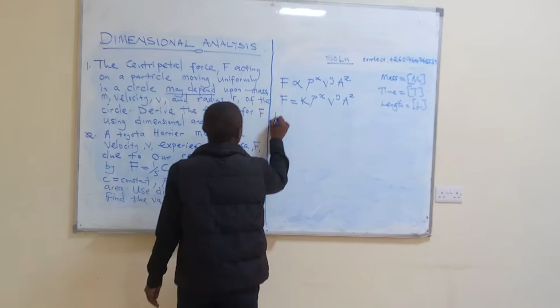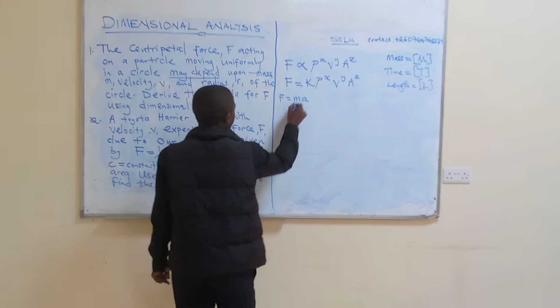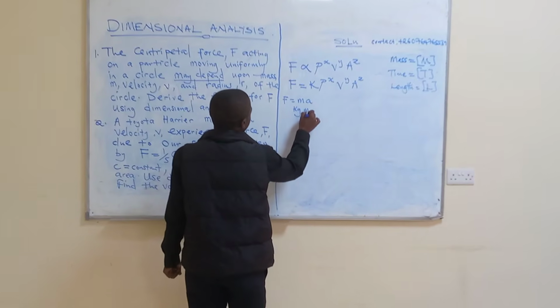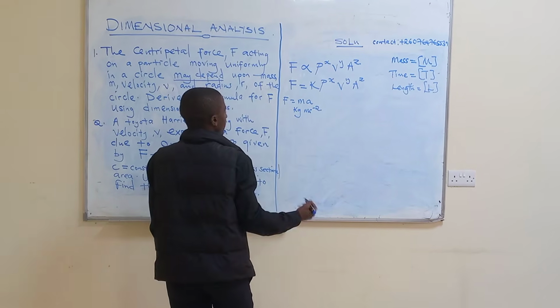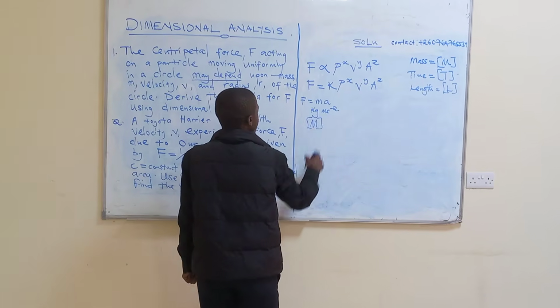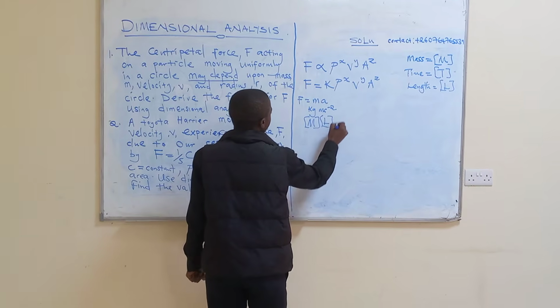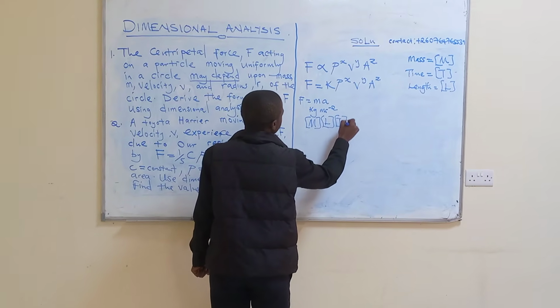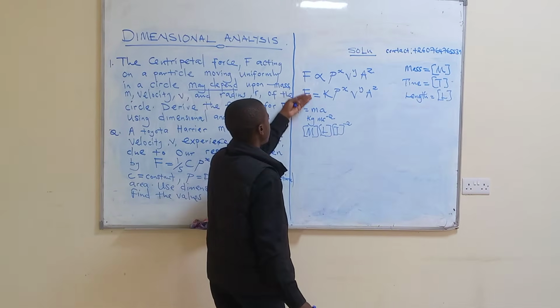So force, we know to say force is equal to mass times acceleration, that is kg m s^-2. So for mass we have the dimension which is represented by capital M. This is meter, which is length, L. Time, that is seconds, T. So from there, this is the dimension for force.